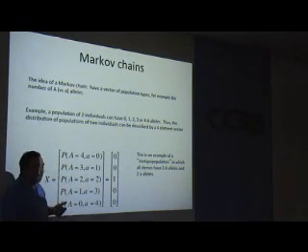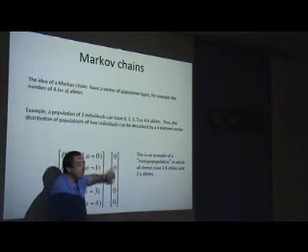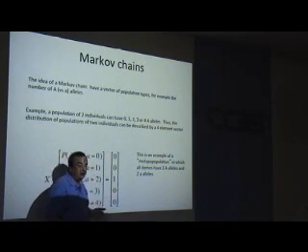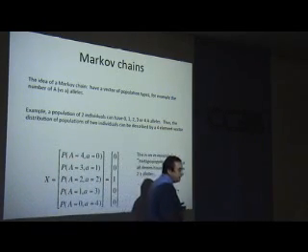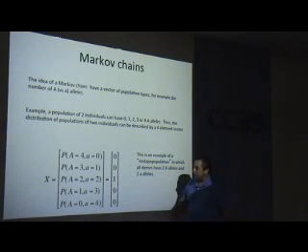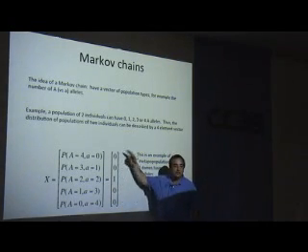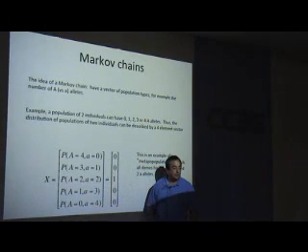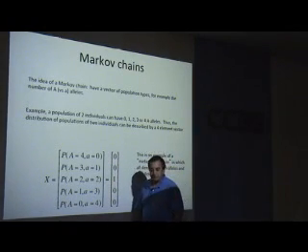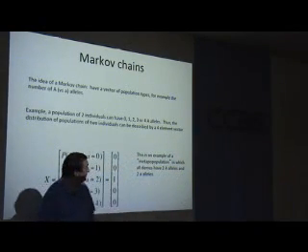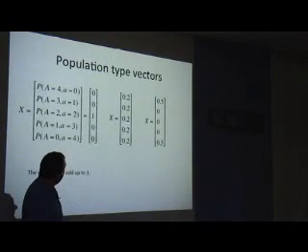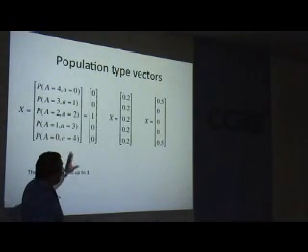We can put any numbers we want to. Clearly this has to add up to 1 because this is a probability distribution. And so you have to be in one of these states. So no matter what, this always adds up to 1. So that's the idea. And it can be any number of things.